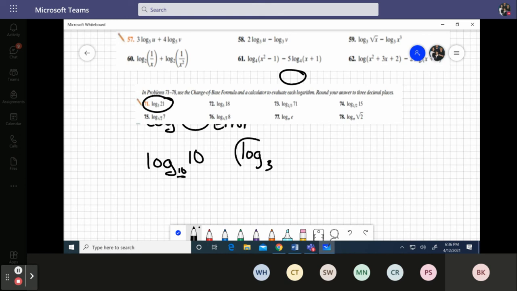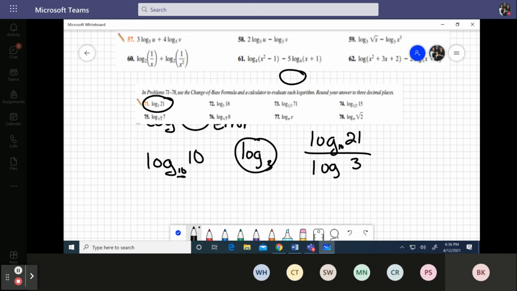And all that is doing is you're making it into a ratio. You're going to say log 21, and this will use your base 10, over log of 3. Now, sometimes you might have to use, again, this is just about using that calculator, parentheses. Some of you won't.